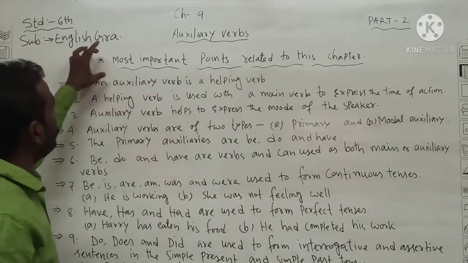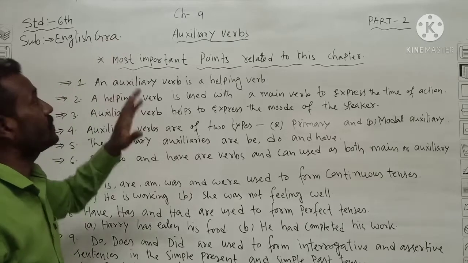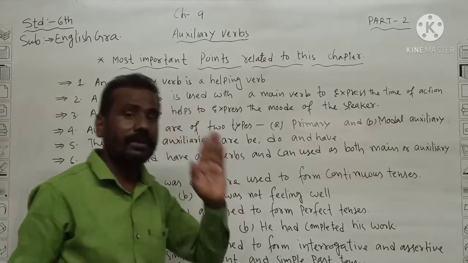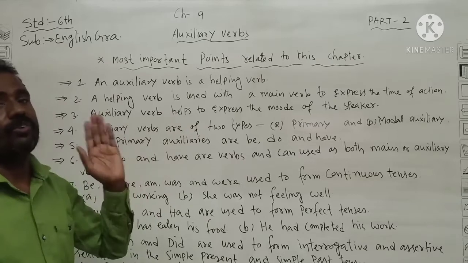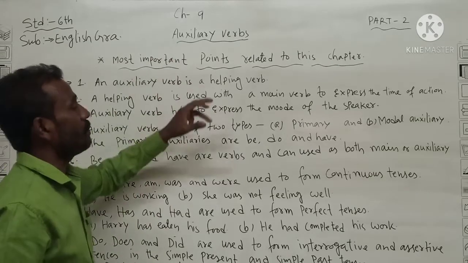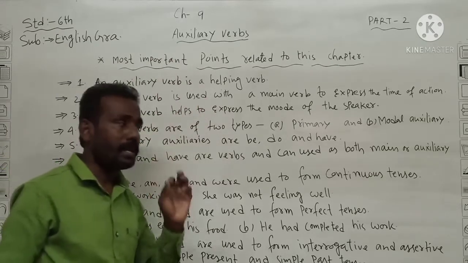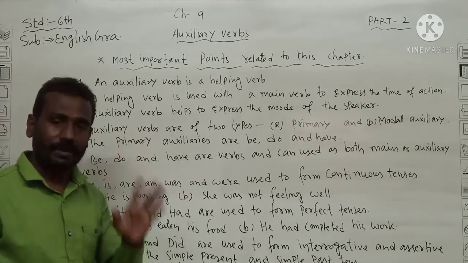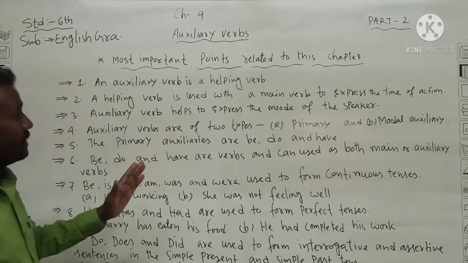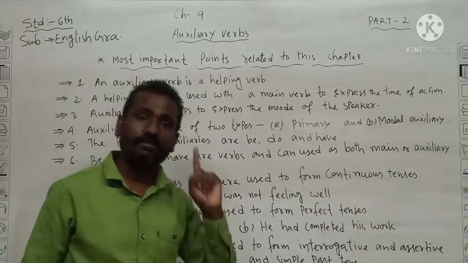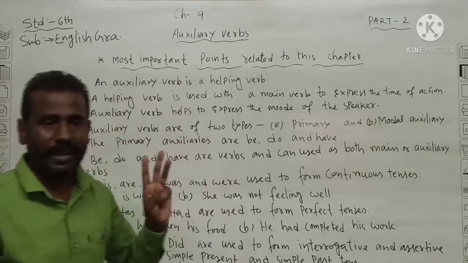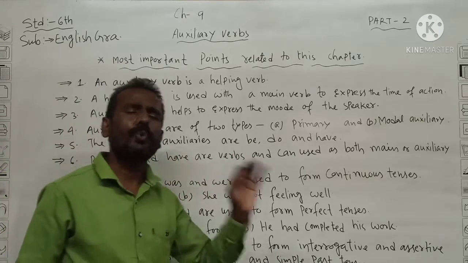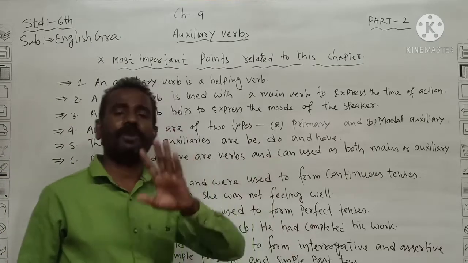Why have I written this point? Because you students have to learn, read, and go through this chapter line by line by heart, then you can understand the whole chapter thoroughly. In the chapter, MCQ, fill in the blanks, matching, do as directed, whatever may come.